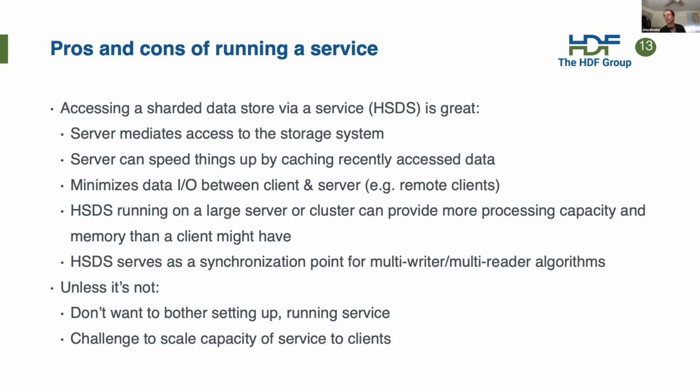And if you're running HSDS on a large server or a cluster, you have more processing capacity and memory than your client is likely to have, and you can take advantage of that to improve performance. And especially for multi-writer, multi-reader programs, HSDS serves as a synchronization point so that you don't have the writers overwriting each other's content.